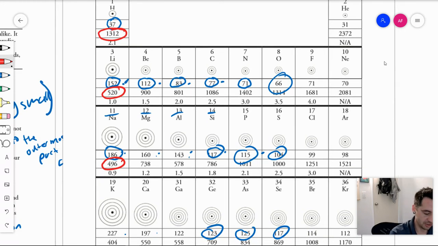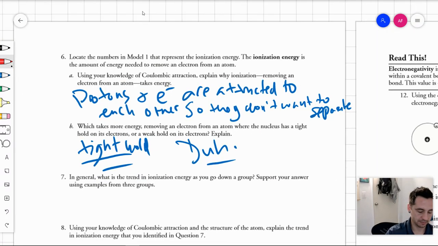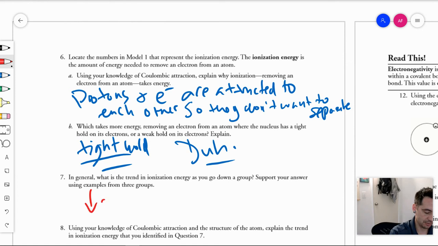It becomes easier and easier to remove an electron. There's 3 examples right here. They all decrease as you go down. So down a group, IE decreases.